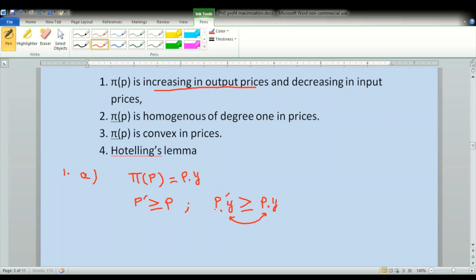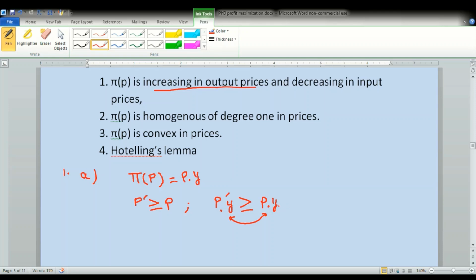On the left hand side we have P dash, which has higher output prices relative to P and the same input prices. So P dash y has greater revenue than P y with the same cost, and so this is something that is true.